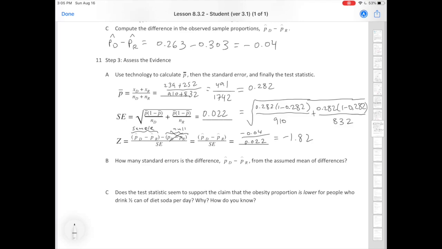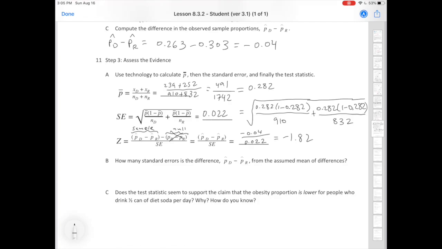How many standard errors is the difference from the assumed mean of differences? This is just making sure that we understand what a z-score is, right? A z-score always tells you how many standard errors away something is from the mean.